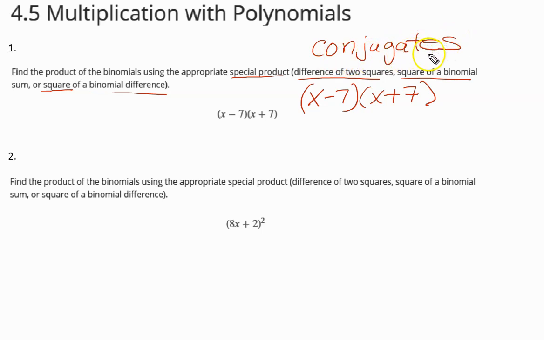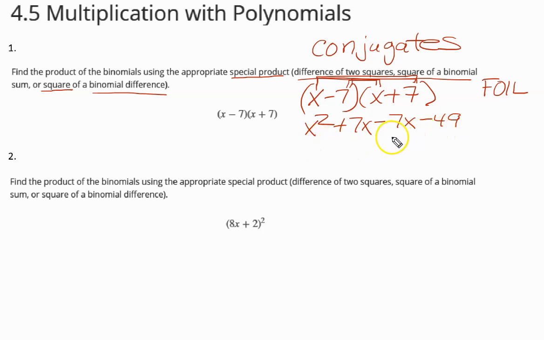Now, an interesting thing happens when we multiply conjugates, and I'm going to use the FOIL. When I multiply the first, I get x squared. When I multiply my outers, which is the second letter of the word FOIL, I get a positive 7x. When I do the inners, I get a negative 7x. And when I do my last, I get a negative 49.